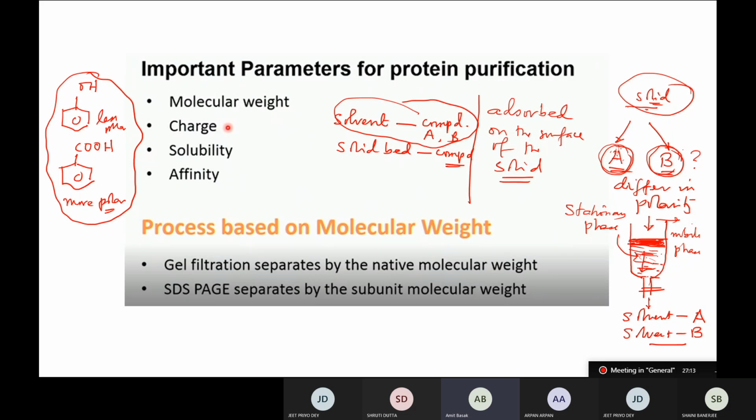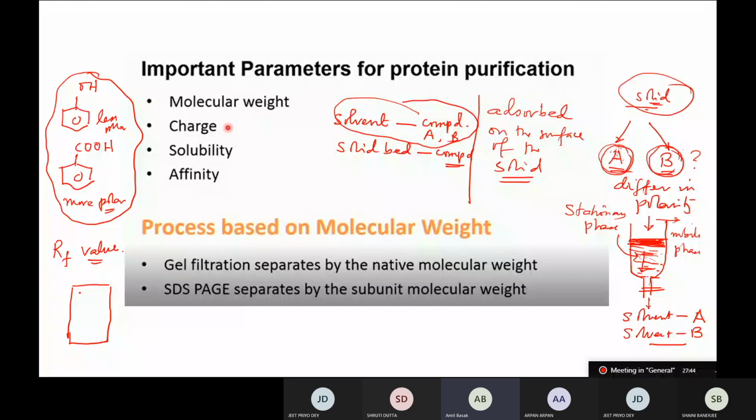Suppose again, you know what RF is, by the way? RF value. Another type of chromatography that we do is called thin layer chromatography. I don't know whether you have done it or not. You have a glass plate, you have done it?